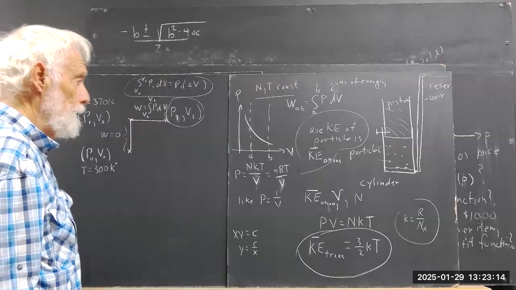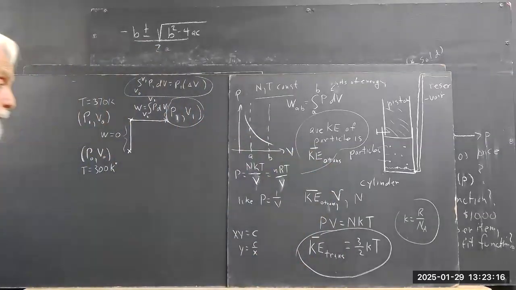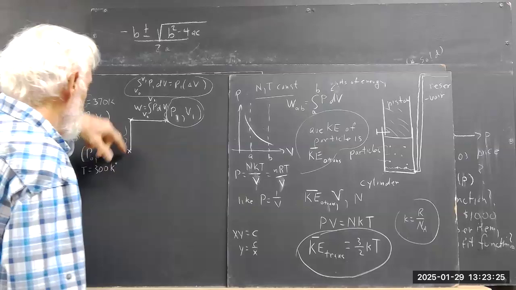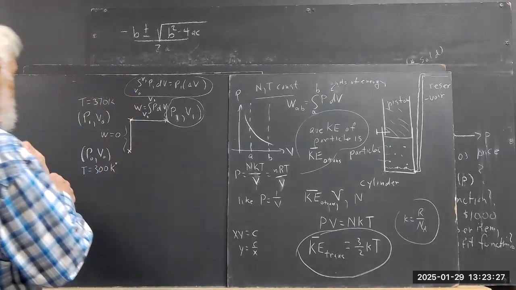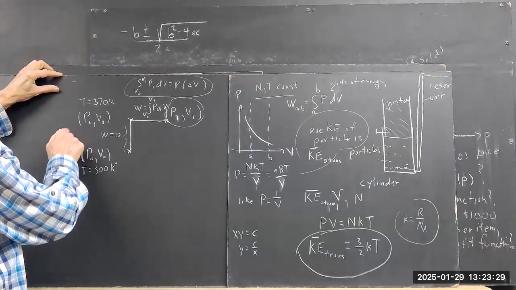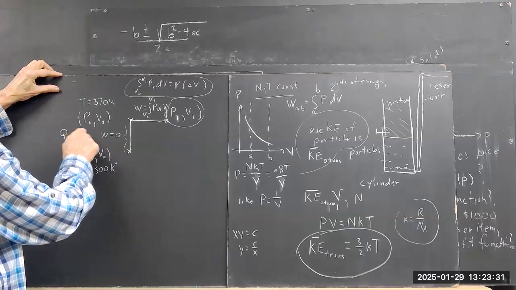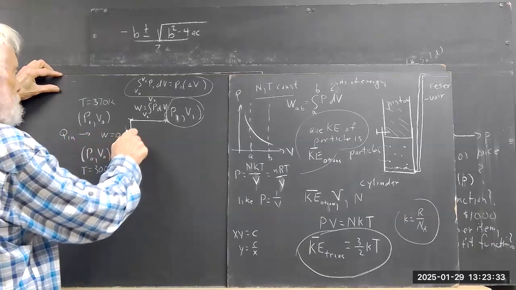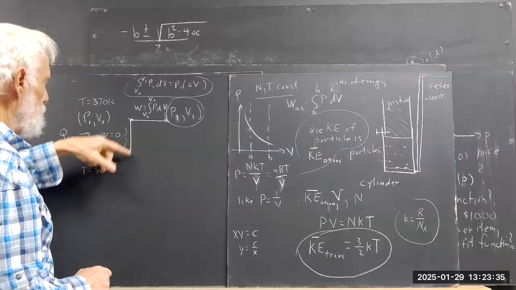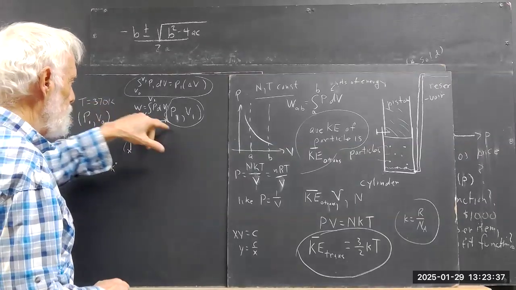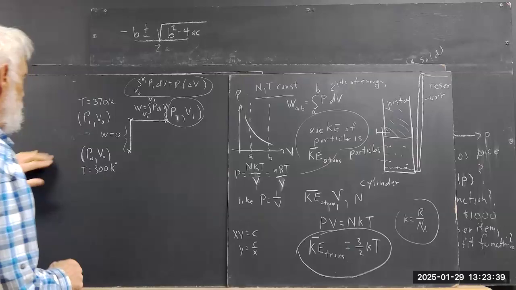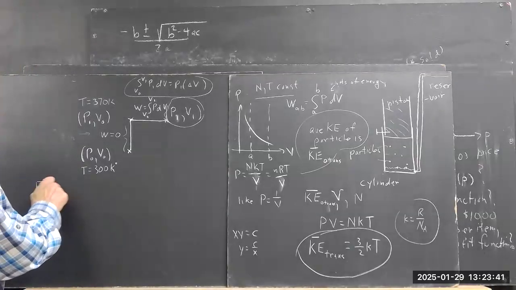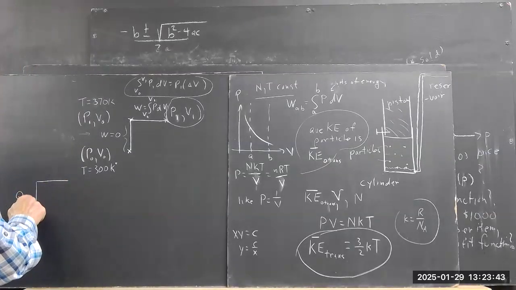Now what you have to do is return this to its original temperature. Now, the other thing about this cycle is you have some heat that goes in. You've got heat that goes in from here to here, and from here to here. So I can draw these cycles.